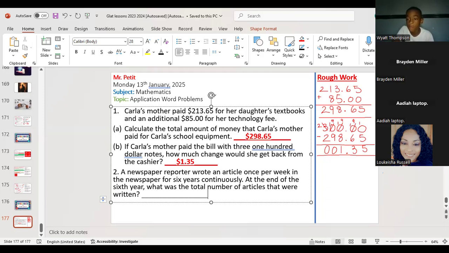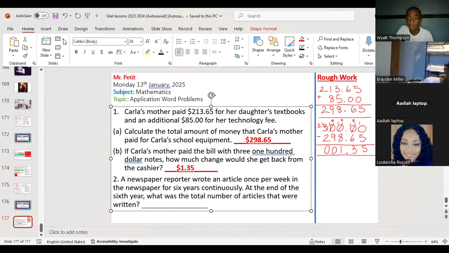Newspaper reporter wrote an article once per week in the newspaper for 6 years continuously. At the end of the 6th year, what was the total number of articles that were written? All right.